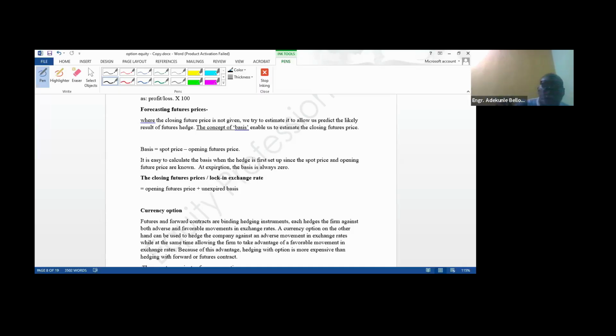The currency option can be used to protect a company against adverse movement in exchange rates, while at the same time you can take advantage of favorable movement in exchange rates.